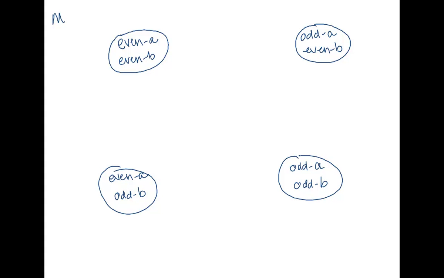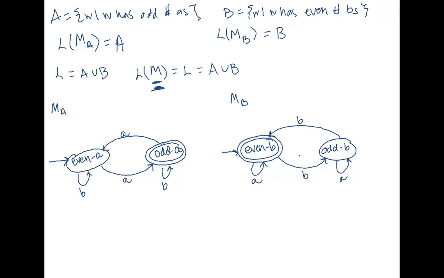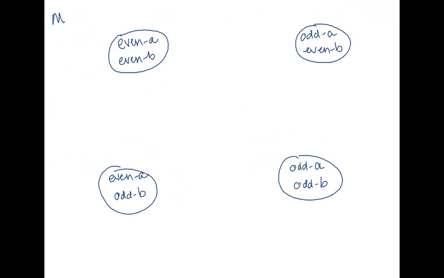Yes. Okay. So now we need to simulate what we would do on machines A and B. So first question is, where do we start? If we look back, machine A started when we were in state even A, and machine B started when we were in state even B. So we want M to start off when we're in state even A, even B.